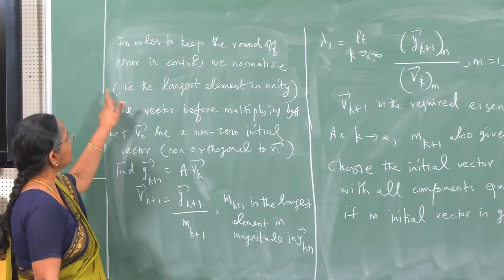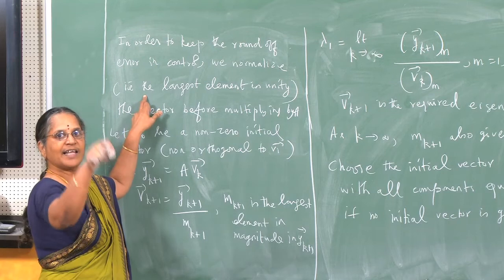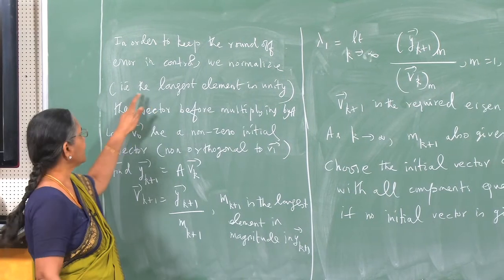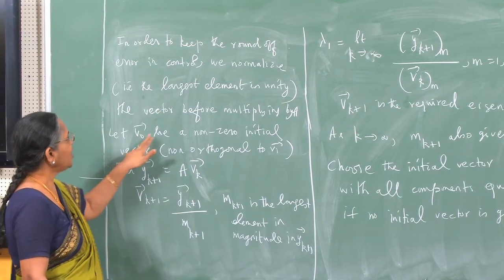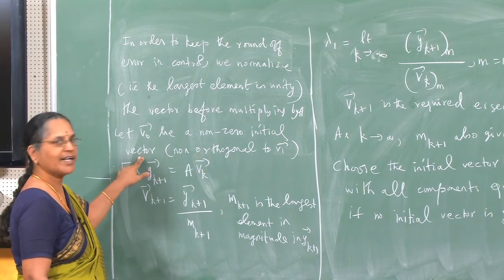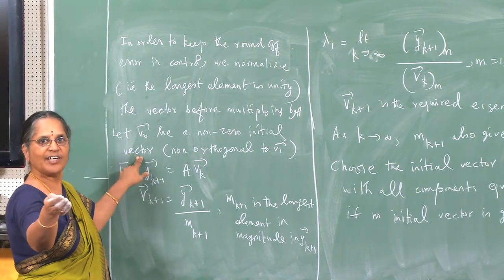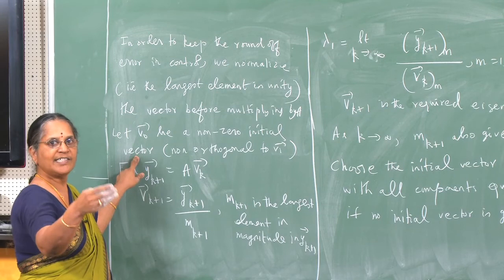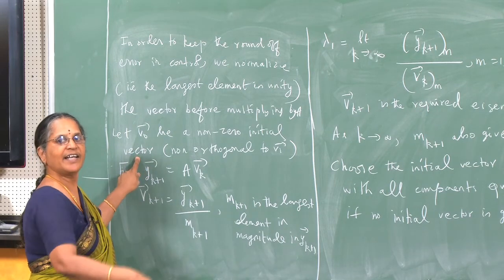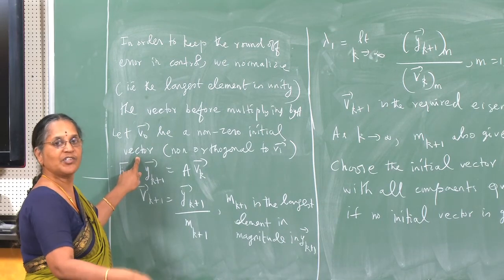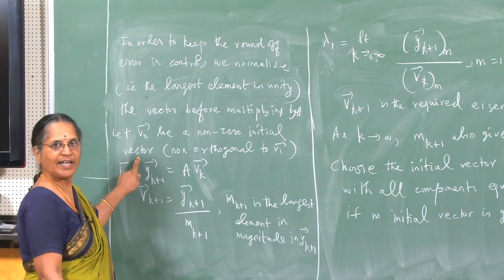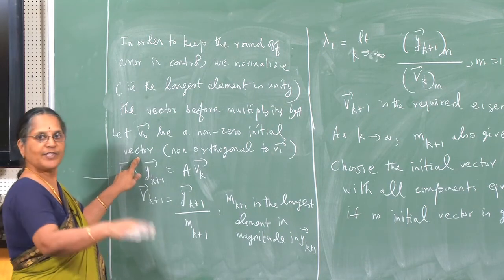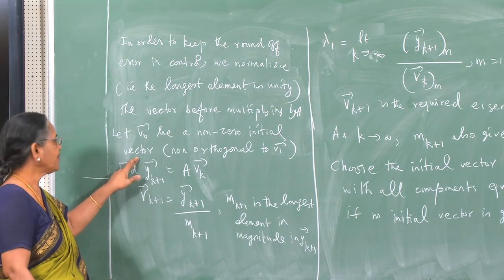That is, we see to it that the largest element in that vector is unity. So, let v naught be a non-zero initial vector. We have to start with an initial vector v naught and generate a sequence of iterates for v, which tends to the eigenvector associated with a given eigenvalue.